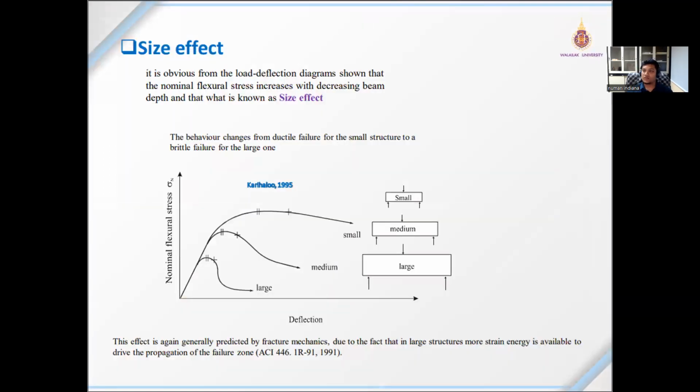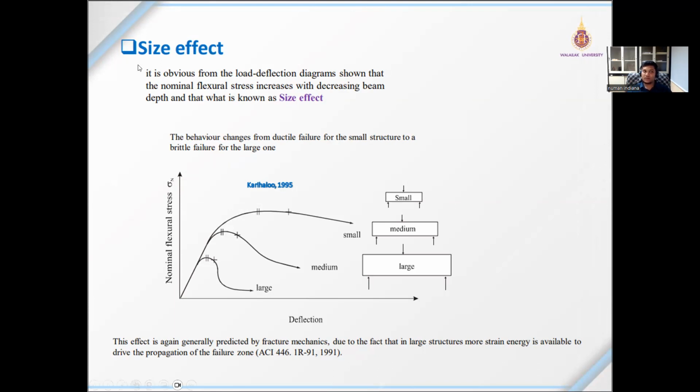So this is one important concern, the size effect. Here you can see when the specimen is small, the crack formation will take place at the maximum load. When the specimen is large, it is very easy to take the crack in it.